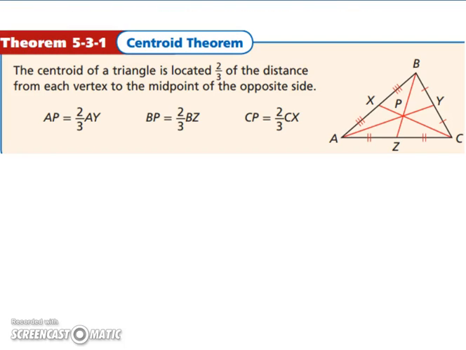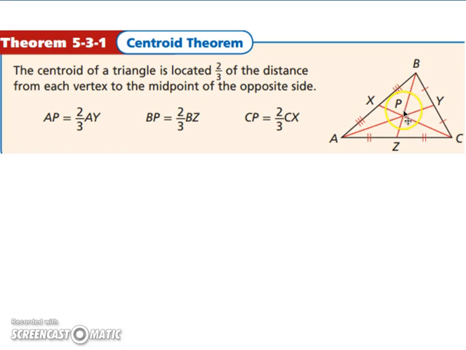Let's look at the centroid theorem first. The centroid of a triangle is located 2/3 of the distance from each vertex to the midpoint of the opposite side. Think of it as thirds. So from Z to P is 1/3. From P to halfway is 1/3. And then from that halfway point to B is another third.